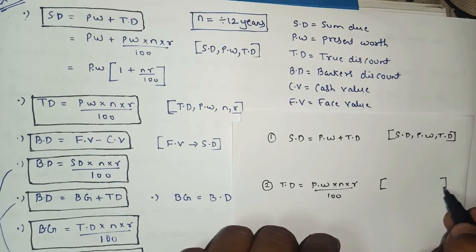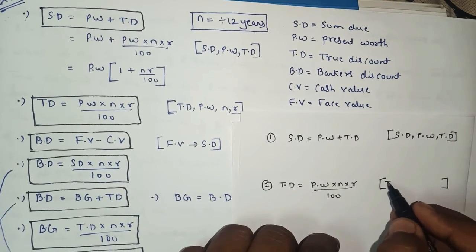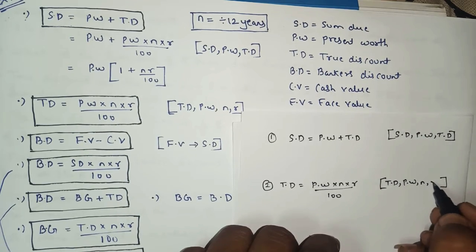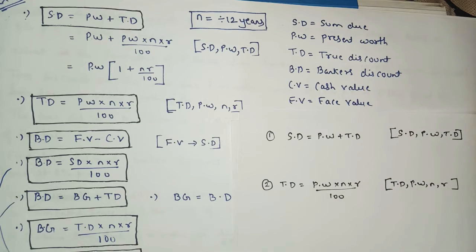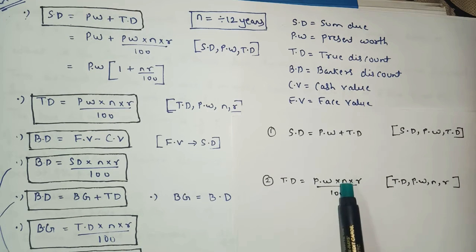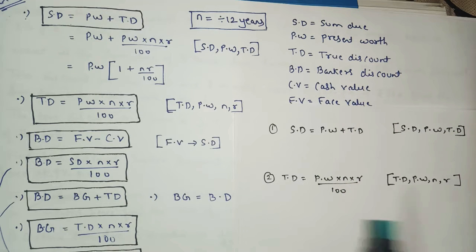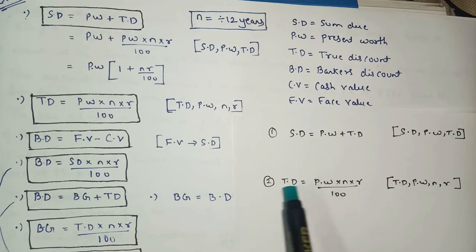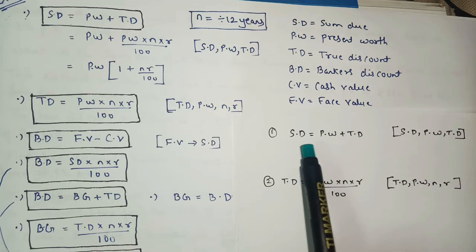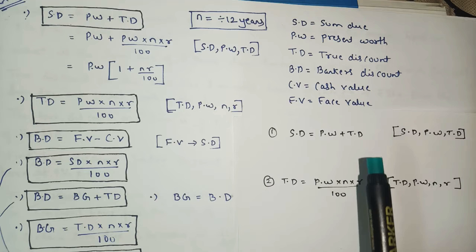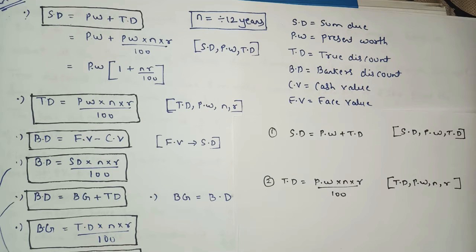And you apply it whenever, out of these four values, any three are given. These sums are based on the number of years or periods and the rate of interest. Whenever you have the rate of interest, PW, or TD, you apply this formula, and out of these three values we must have any two to find the third one. So these two will play an important role for the first 3 to 4 sums.